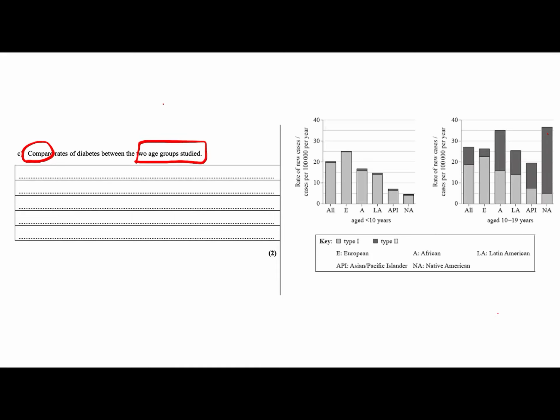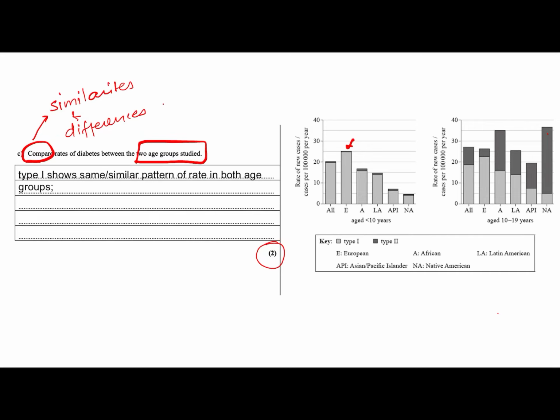The next question asks you to compare the two age group studies, so we are going to look at both graphs. In a comparison, generally we have to give both similarities and differences. This is a 2 mark question, so we will look at the two age groups. For similarity, you can identify many things, but type 1 shows a similar pattern here to here, here to here.